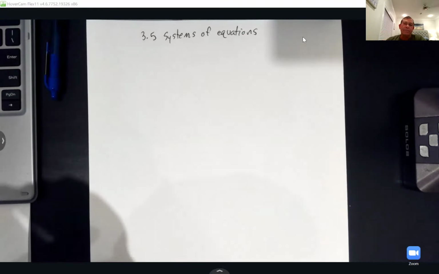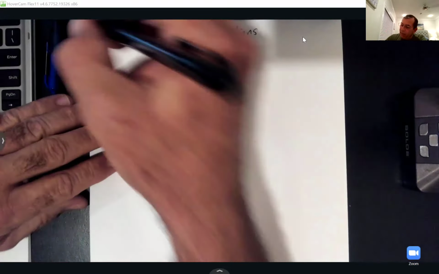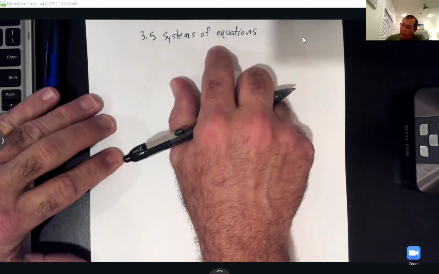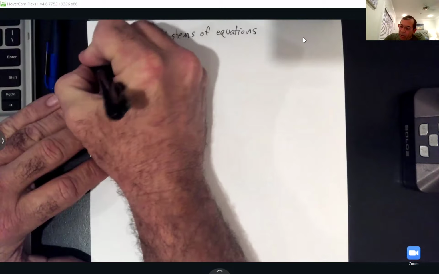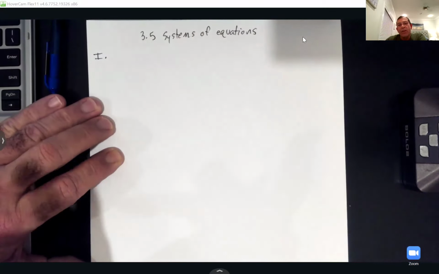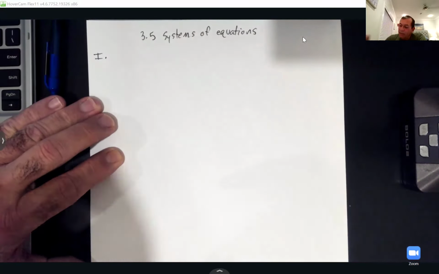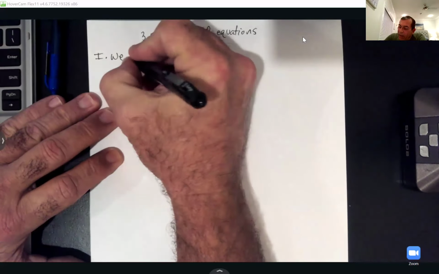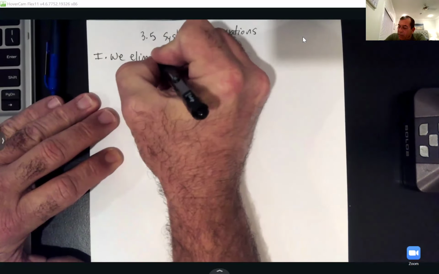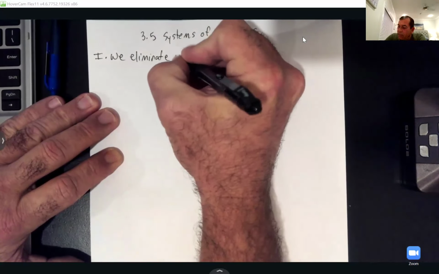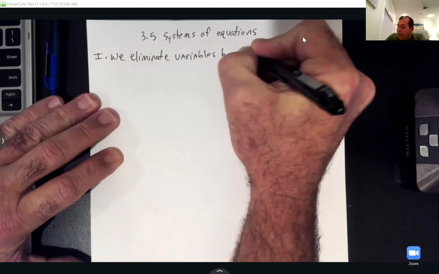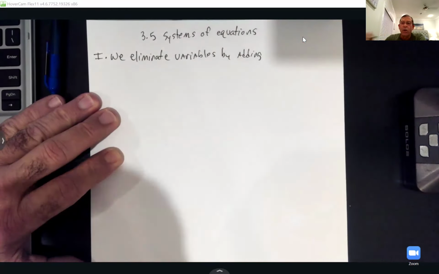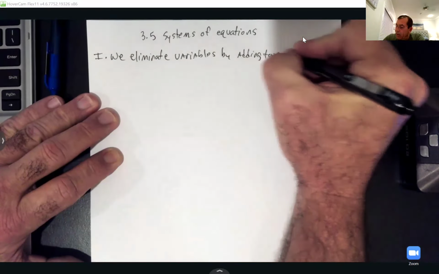Things that can help us in this section when we're looking at systems of equations, these are the type of moves we can do. So the first thing we get to do with these systems of equations, we eliminate variables by adding 2 equations together.